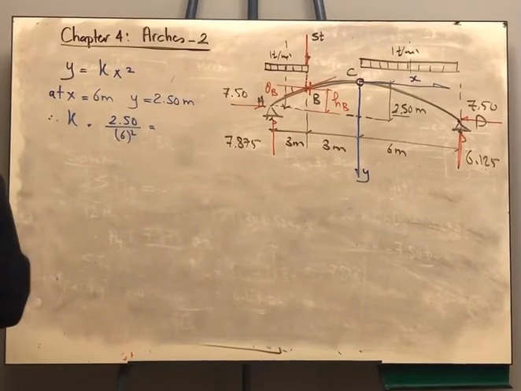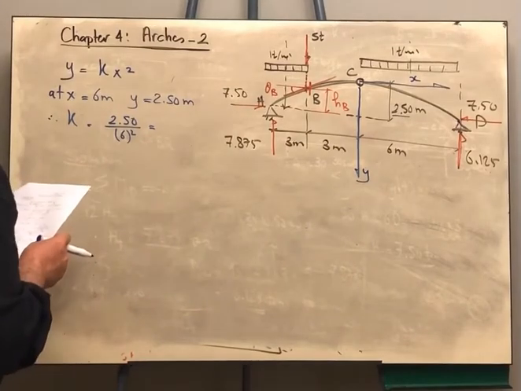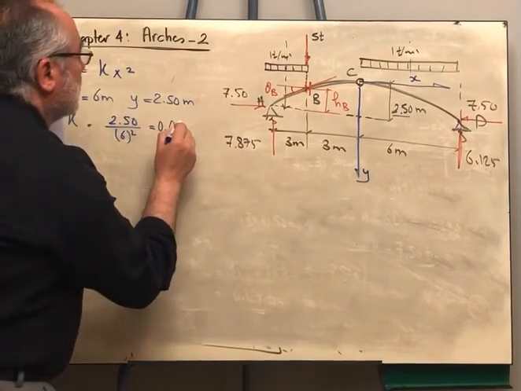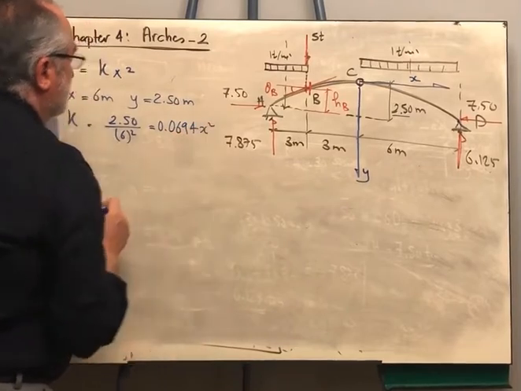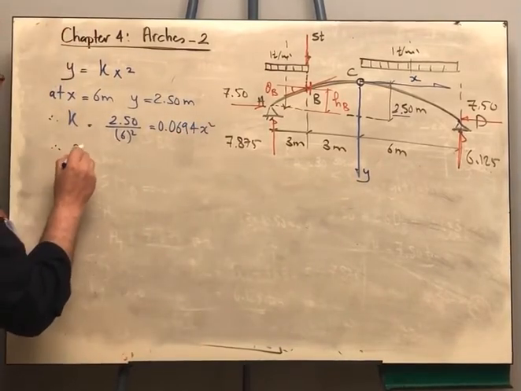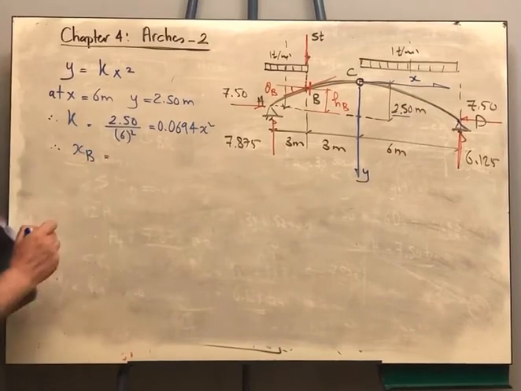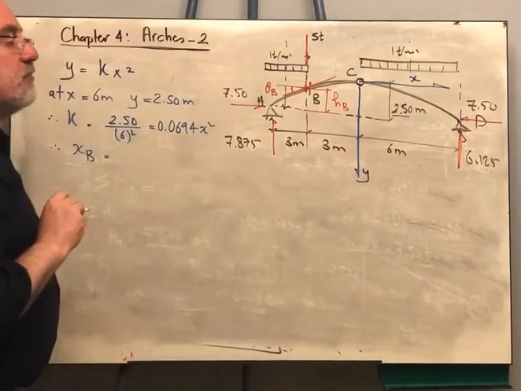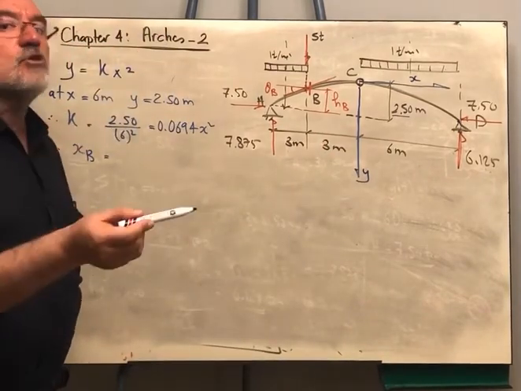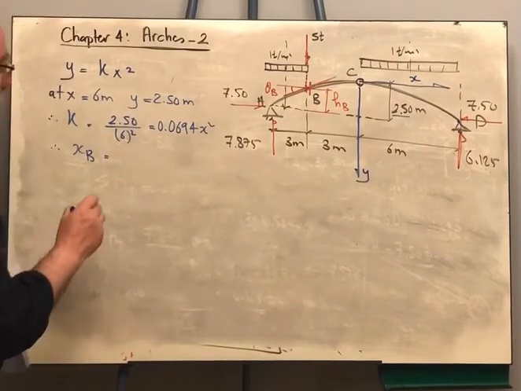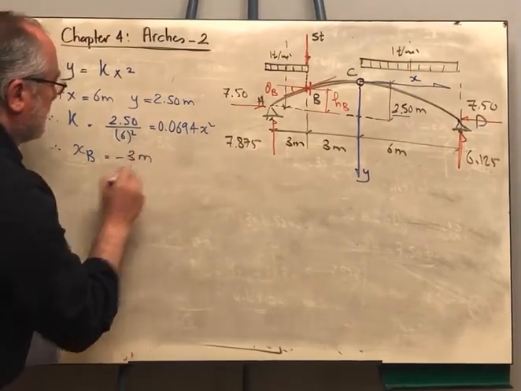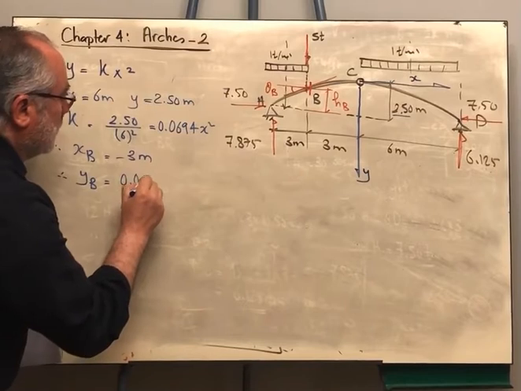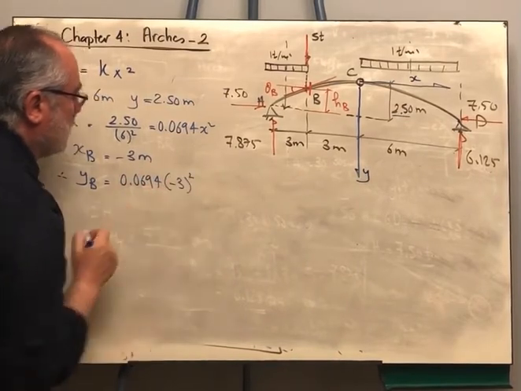So this would be equal to 0.0694 square. Therefore xb is equal to how much? It is 3 meters. Of course, it doesn't matter if you substituted -3, you will still square it, so the negative sign will vanish. So therefore yb is equal to 0.0694 times -3 whole square.